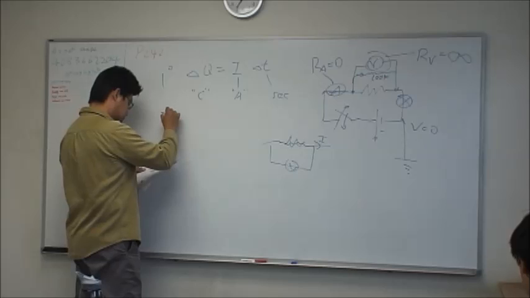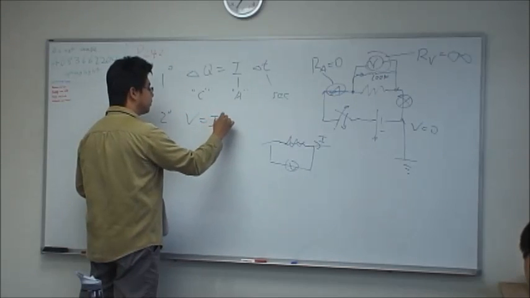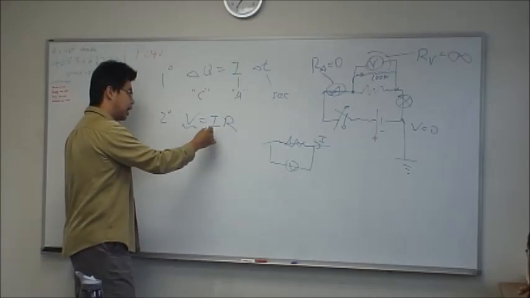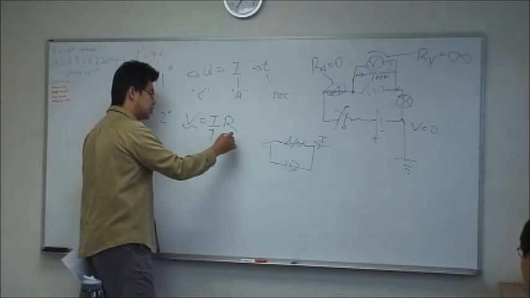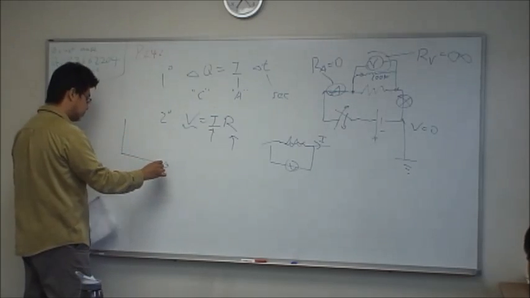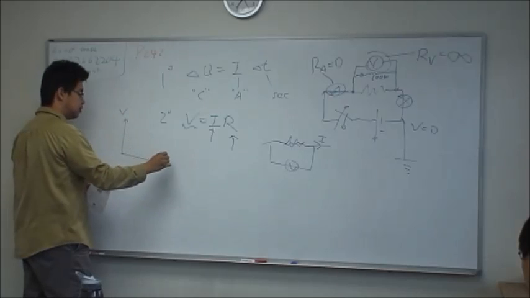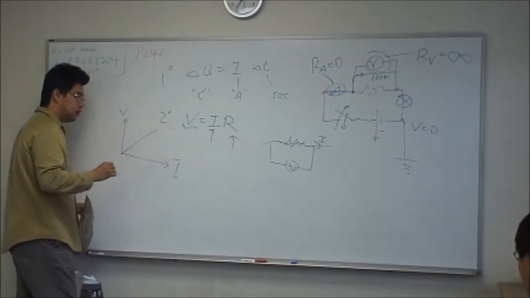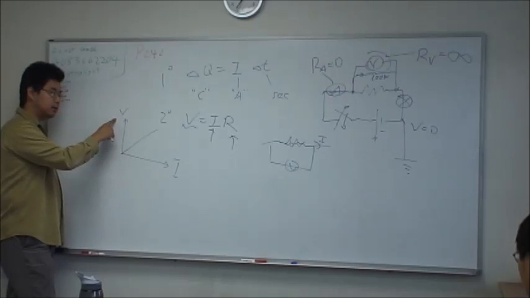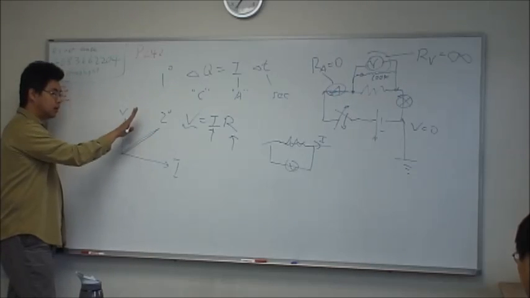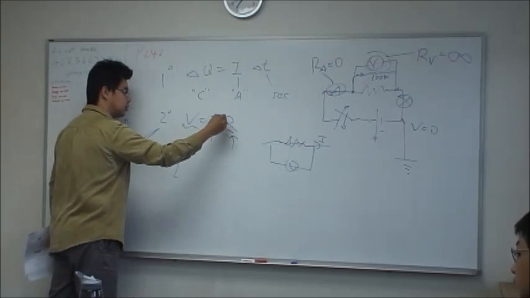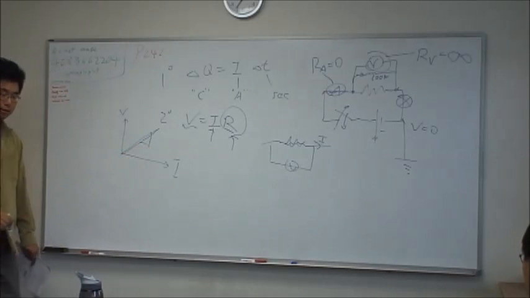So normally we use V equals IR, meaning the voltage drop will be larger if your current gets larger, or your resistance gets larger. If you use a plot, this is voltage versus current, and you have a slope. If your current is higher, the voltage is higher, and how steep the slope is, flat or steep, depends on this resistance. The slope is the resistance.